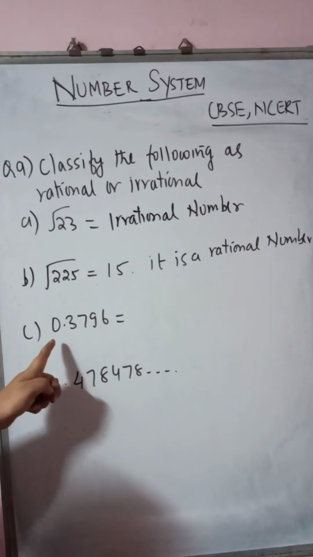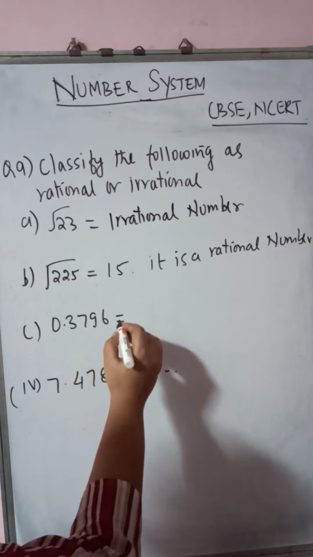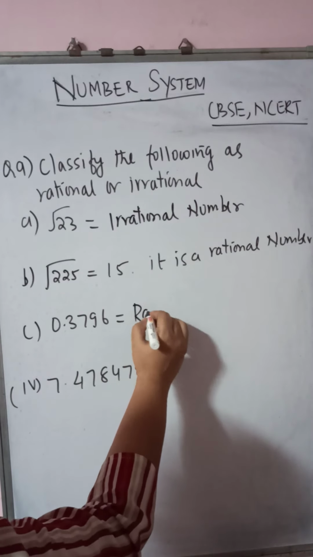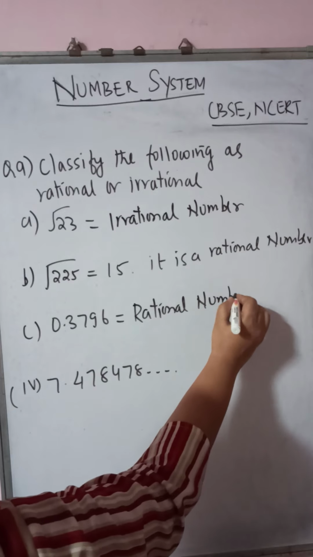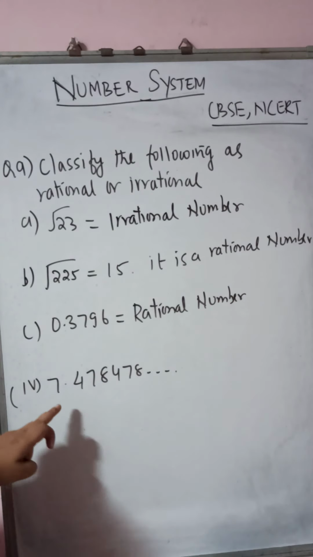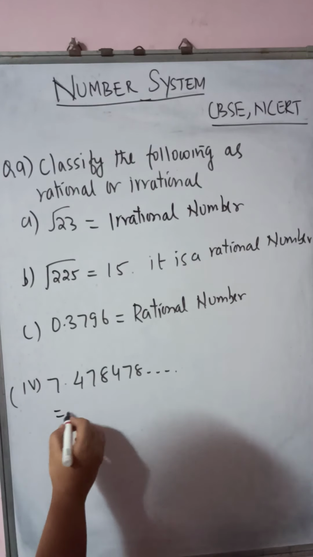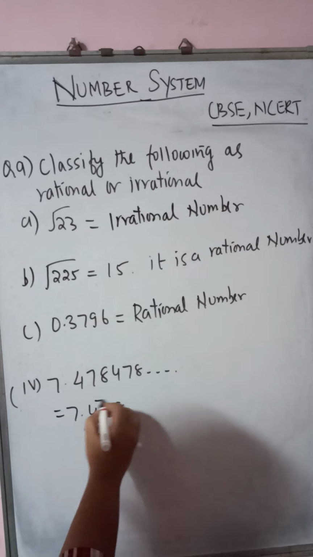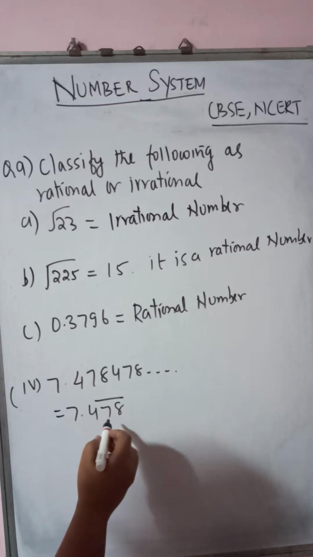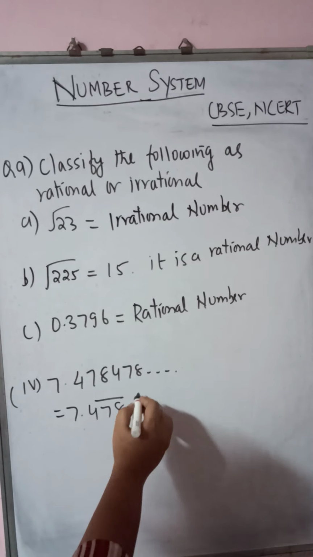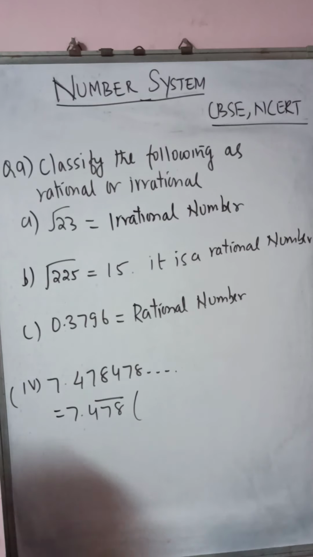Dot is not given, that means it is a terminating decimal, therefore it is a rational number. And see here, what is repeating? 478, 478, this is actually 7.478 bar. This dot means non-terminating and 478 repeats. So it is a non-terminating repeating decimal, therefore it is a rational number.